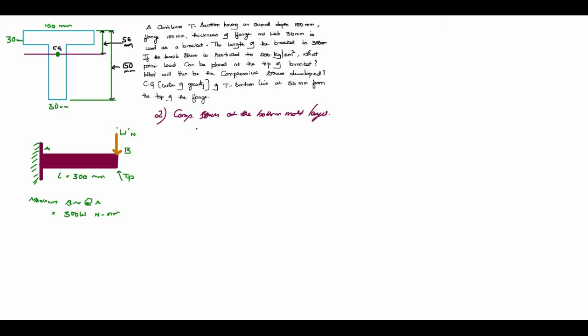So what is going to be that? Again we need to use M by I is equals to F by Y, and we are trying to calculate this, so F is equals to M by I into Y. Since we are trying to calculate F, which is equals to F compression, what would be the Y value?